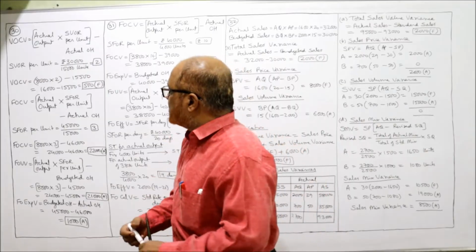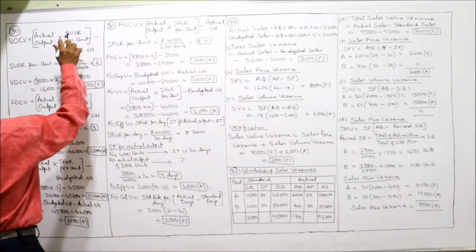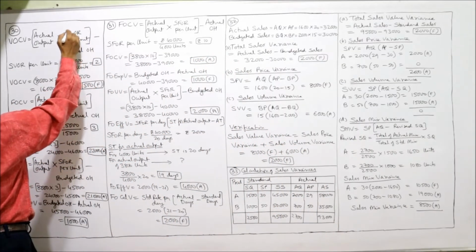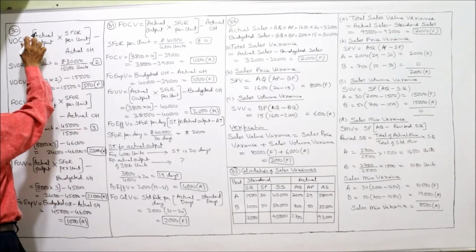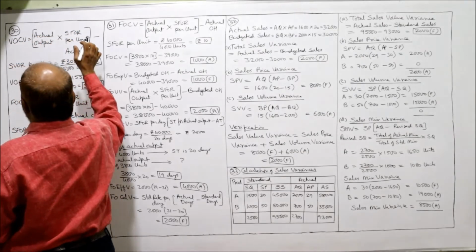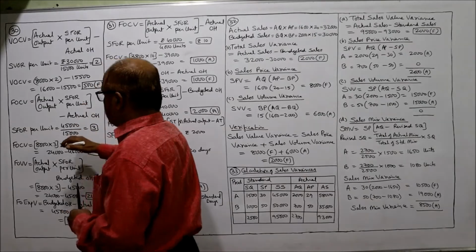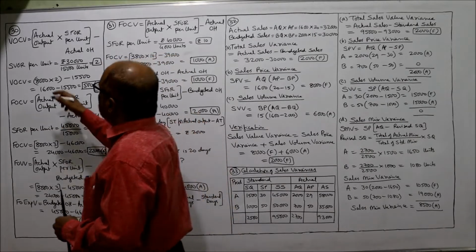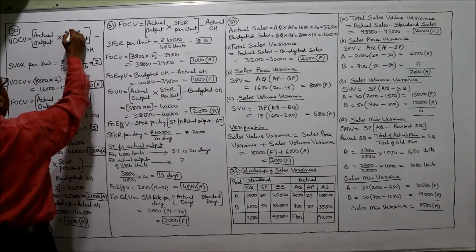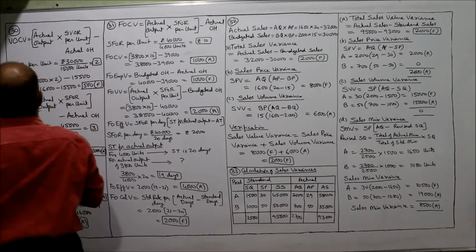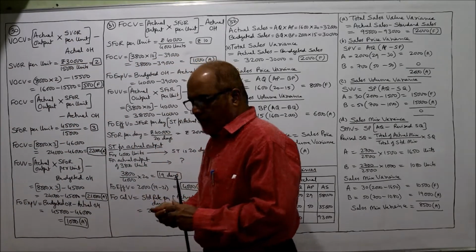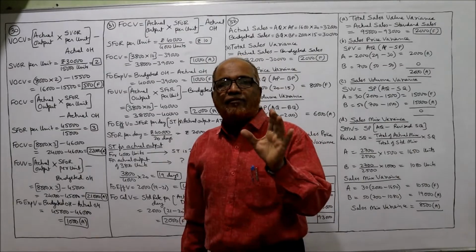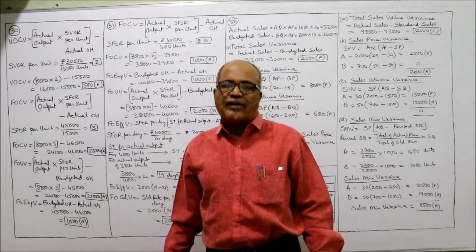Here I will write down FOCV, standard fixed overhead rate. First of all, we will calculate the variable overhead. First we calculate variable overhead, then we will go to fixed overhead.